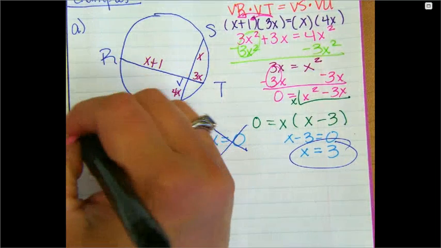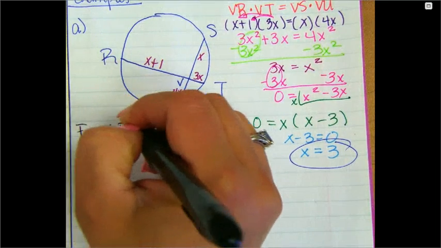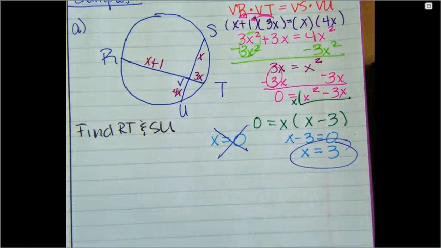Now, that's not the question. The question wanted to know, can you find RT and SU? That's the question. So can you find them? Let's see. Go find them.